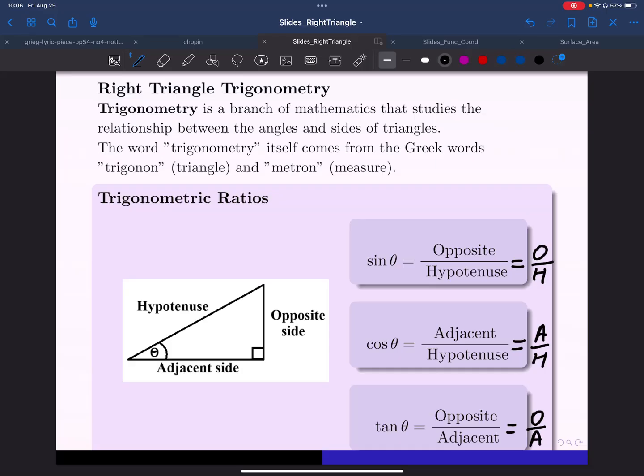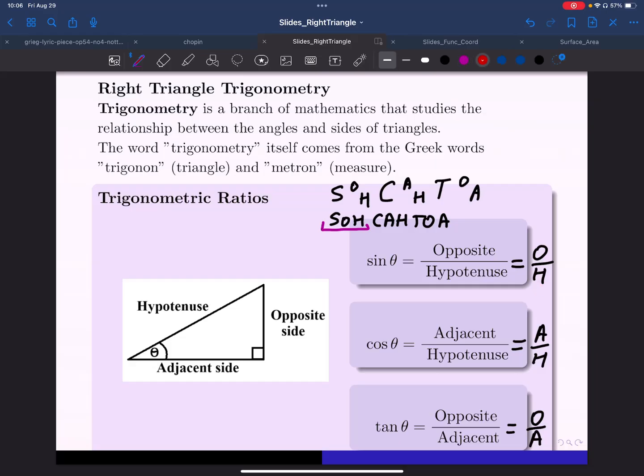So we have an acronym that we're going to associate with them: SOH, CAH, TOA. That means the first three is for sine. Sine is opposite over hypotenuse.